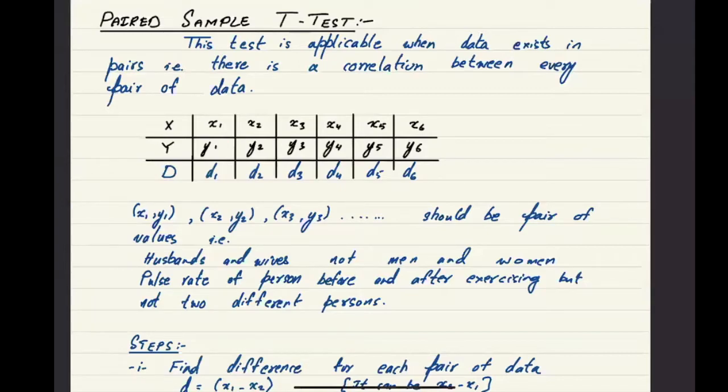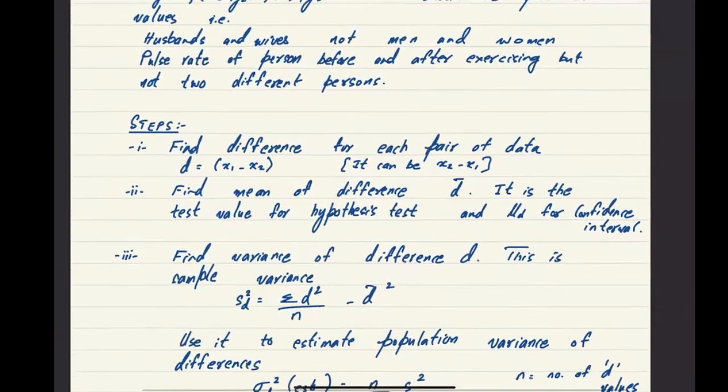Maybe you measure the heartbeats of a person before the exercise and after the exercise, or you give him a medicine and you judge his pulse rates before and after the medicine. If you see that kind of situation, you identify that the data is in the form of pairs, and you have to perform a paired sample t-test.